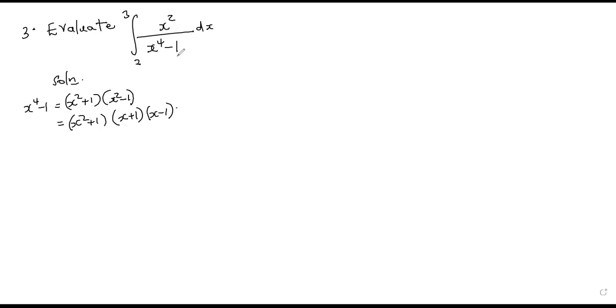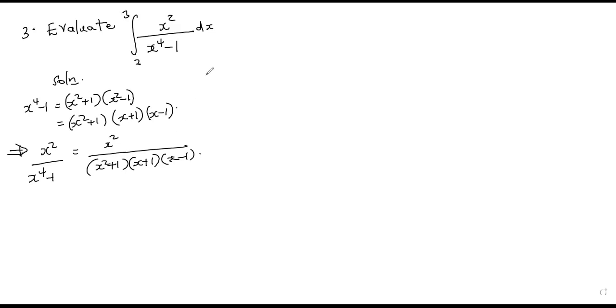Now if I put in the limits, x squared over x power 4 minus 1 is the same as x squared over x squared plus 1, x plus 1, and x minus 1.